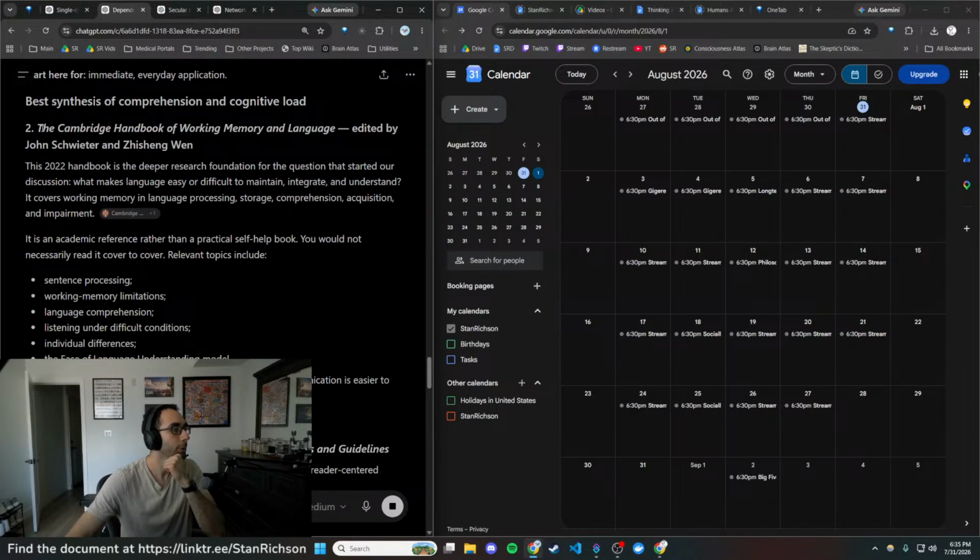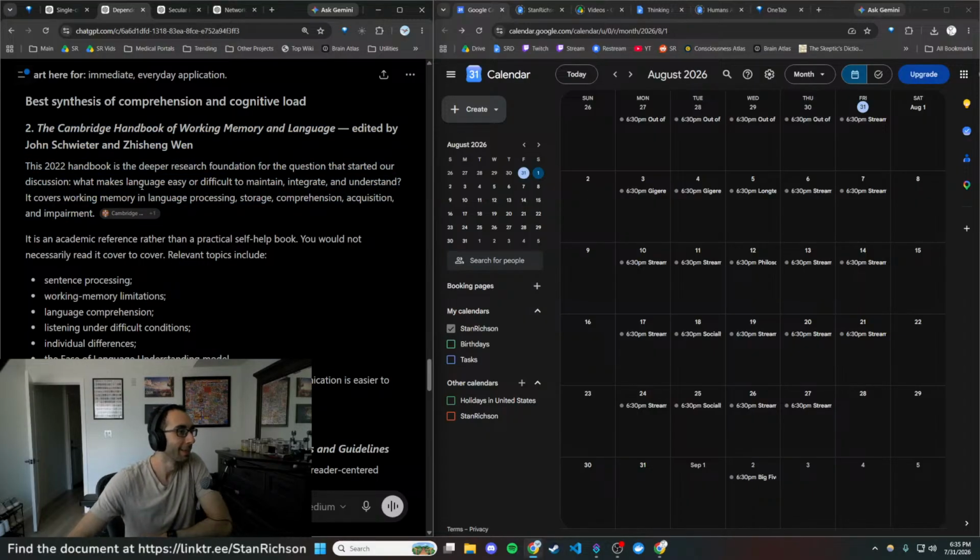We got the Cambridge Handbook of Working Memory and Language. Whoa. It's the deeper research foundation for the question that started our discussion. What makes language easier or difficult to maintain, integrate, and understand? Ooh. This is a bigger topic. We do need to go into this.